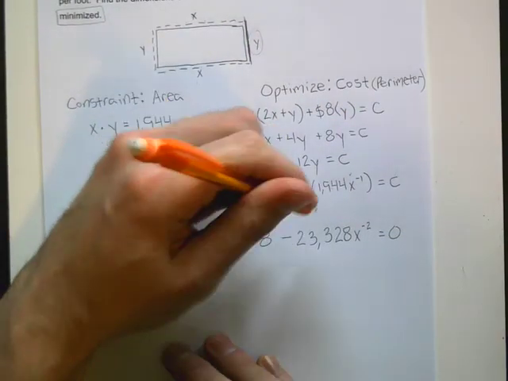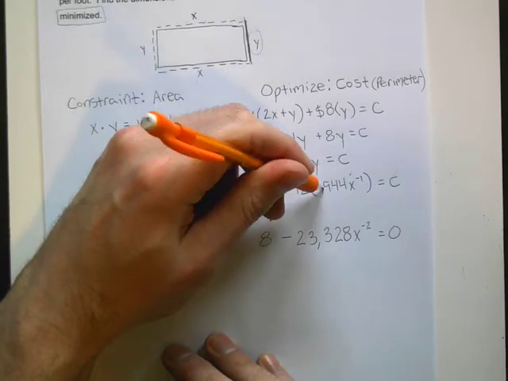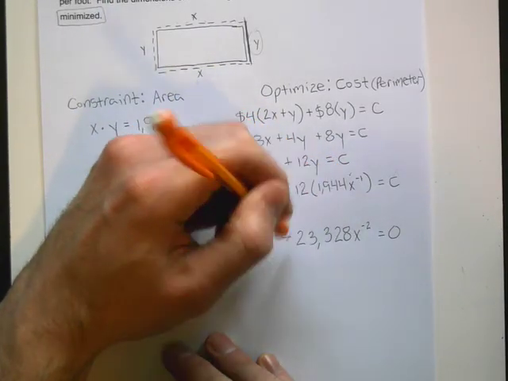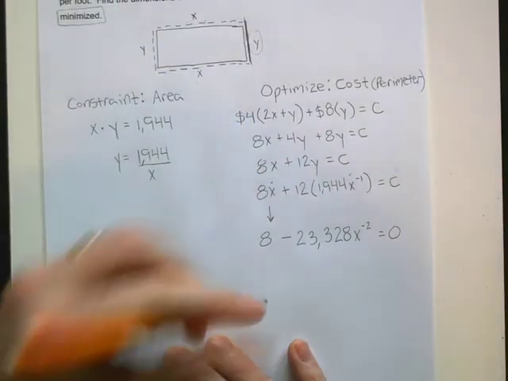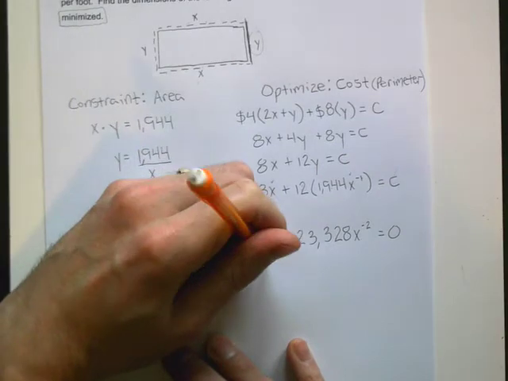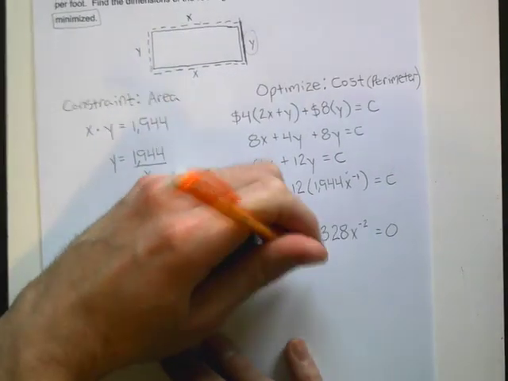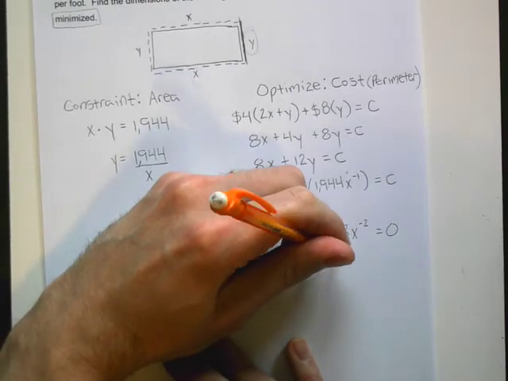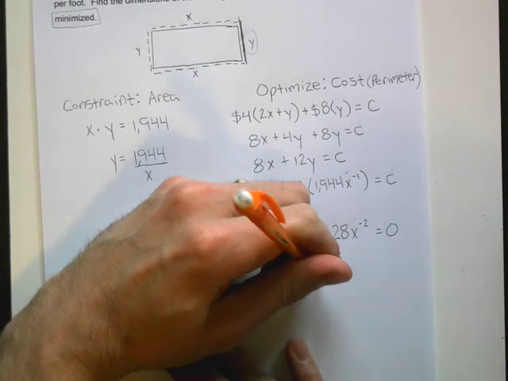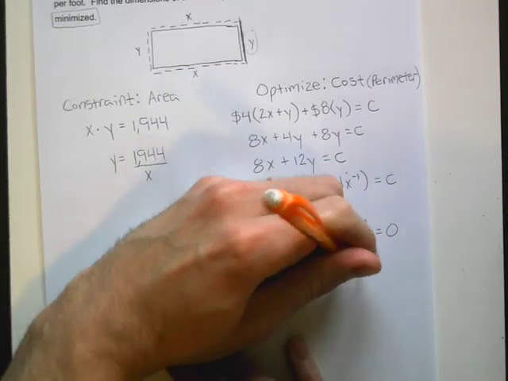What I did here, I kind of skipped a step. I did this times this, and then when I take the derivative of that, I bring this -1 out front, and it gets me to here. Let me rewrite this. It might be easier to solve for x if I place that in the denominator, just so I'm able to move things around a little easier. 8 minus 23,328 over x squared equals 0.